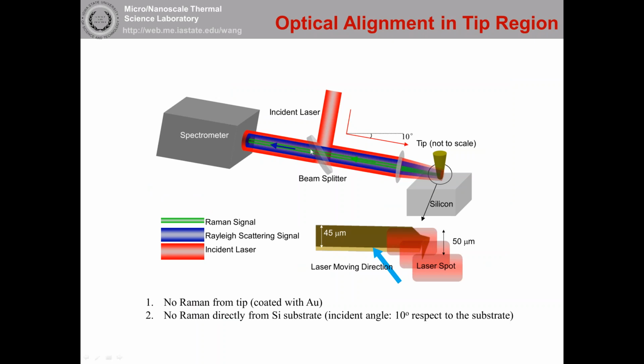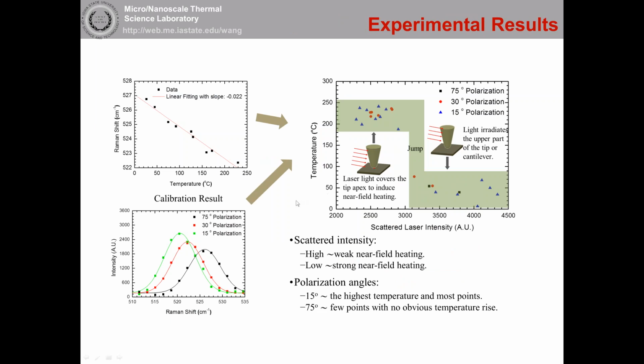Because the laser is polarized, we try to change the polarization to see how it changes the heating. This one shows that. The black one is when the light is 75 degrees polarized to the tip, meaning they are almost normal to each other.